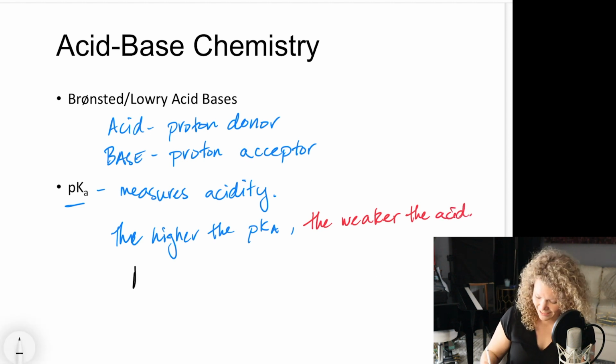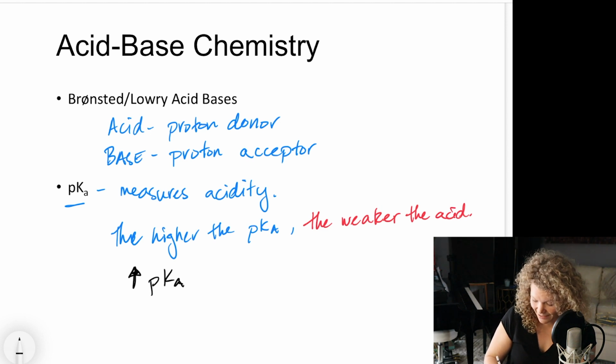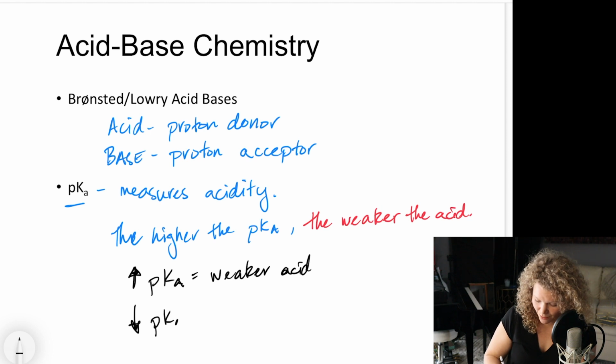One of the ways I like to think about it is that high pKa values mean it's a weaker acid, and lower pKa values mean it's a stronger acid.